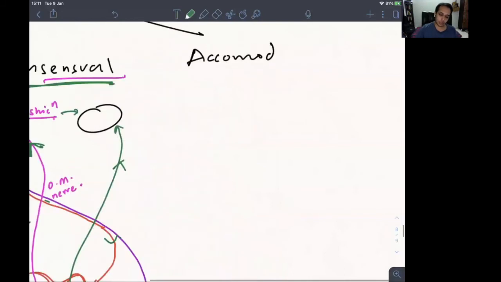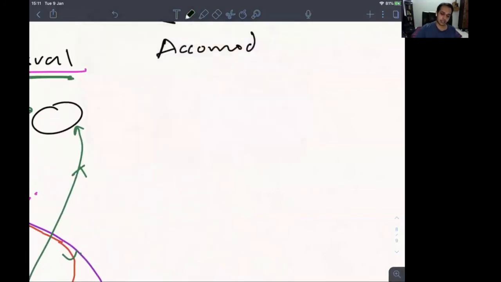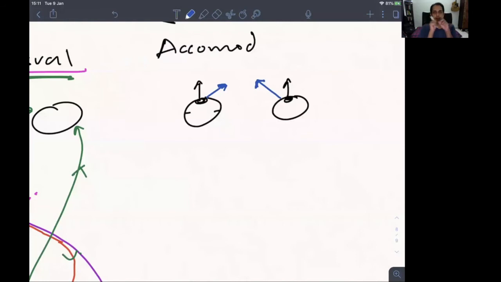Now, your accommodation reflex is basically when you are looking straight ahead, your pupils are not constricted, but when you make them converge, so when you look towards your nose or when you look at something very close by, there is accommodation.